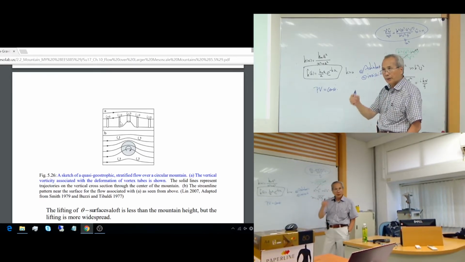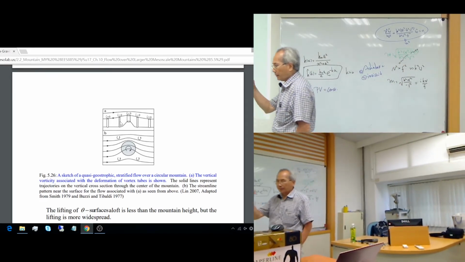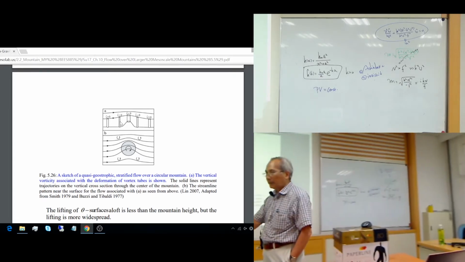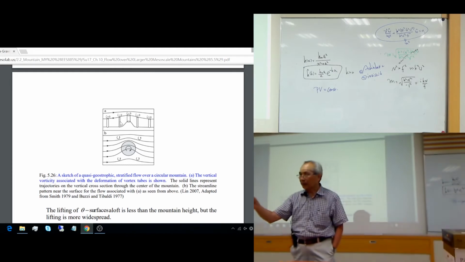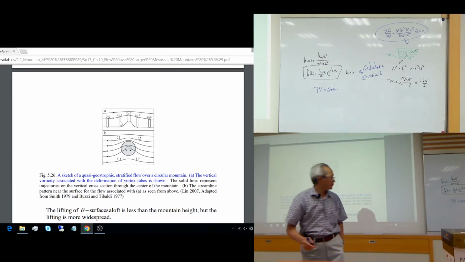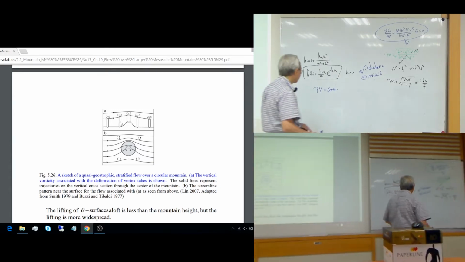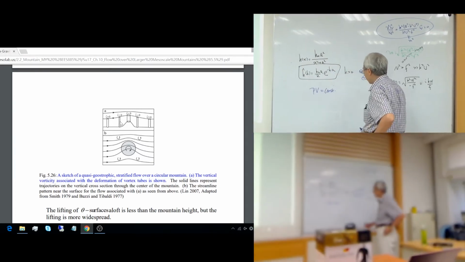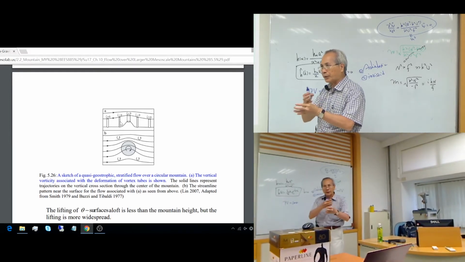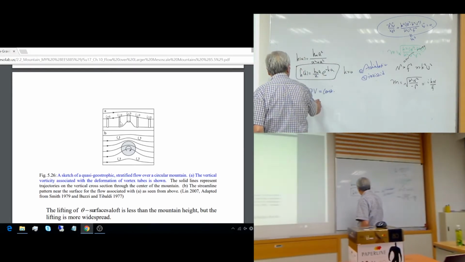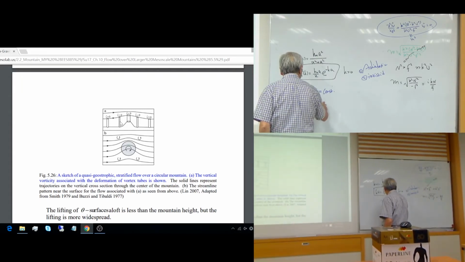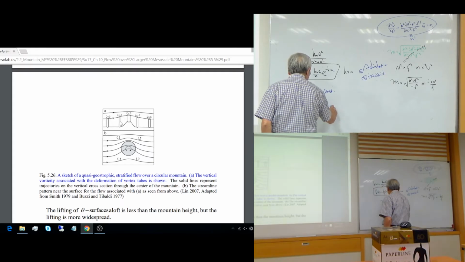The only things that can generate PV are friction and diabatic heating or cooling. So PV is constant, and a very simple version is like shallow water. Then what we have is zeta plus f divided by delta G, which equals a constant.